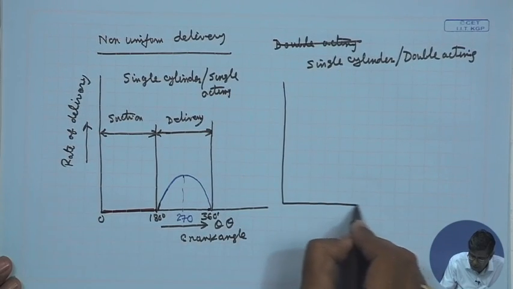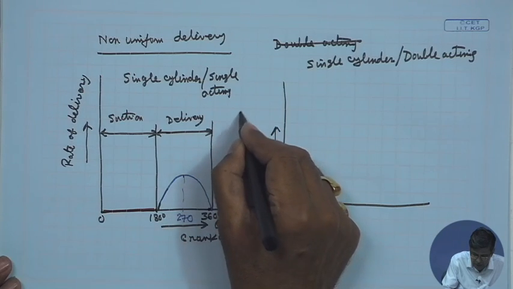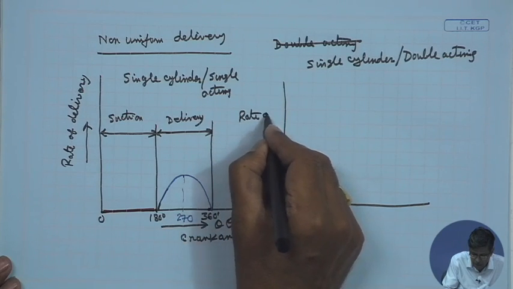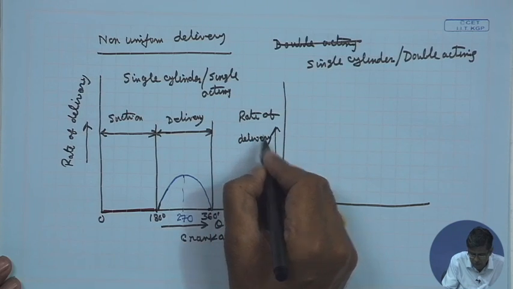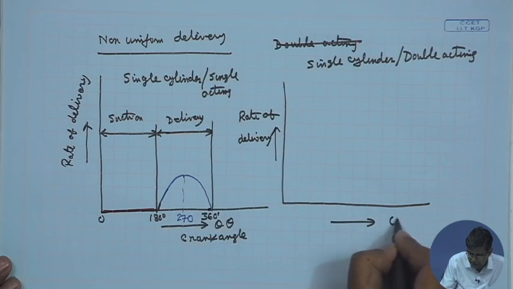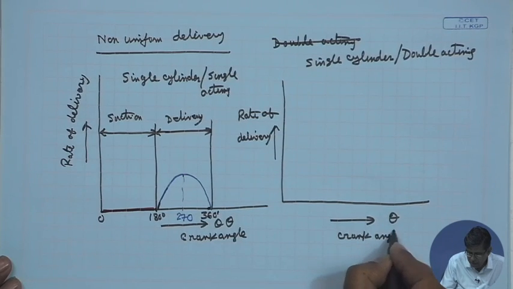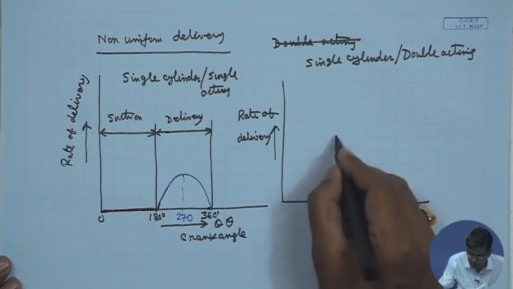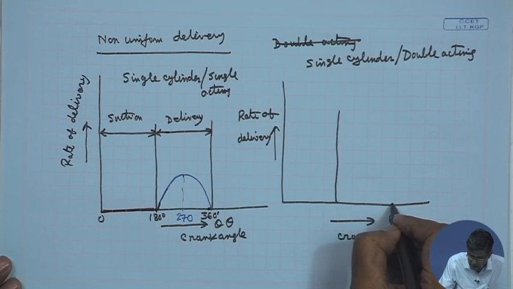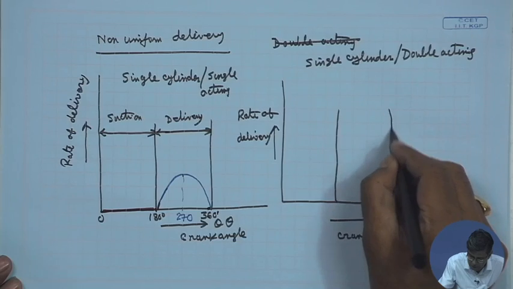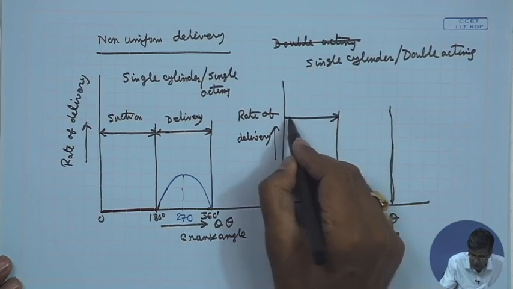So, it is very simple to make a diagram. Here, this is the rate of delivery versus the crank angle theta. Now, if we just divide this into suction and delivery like this, this is the suction.